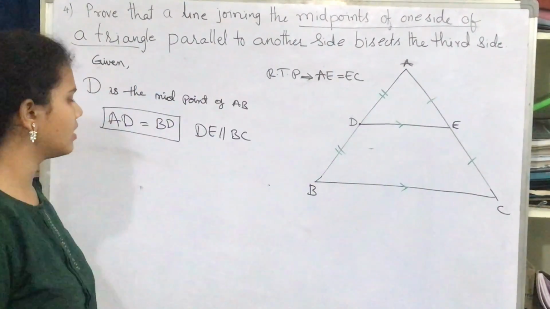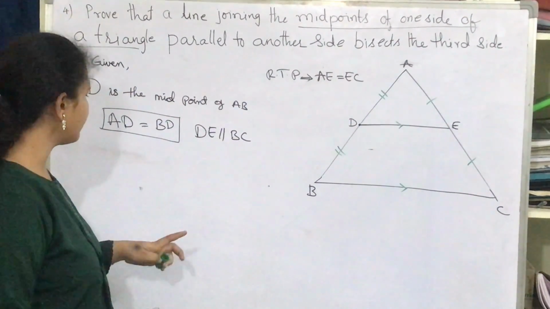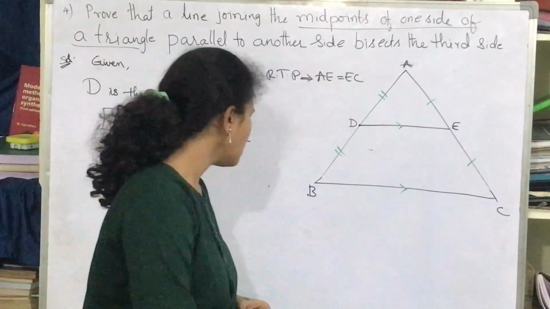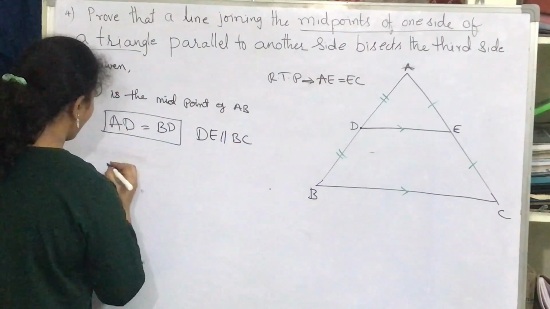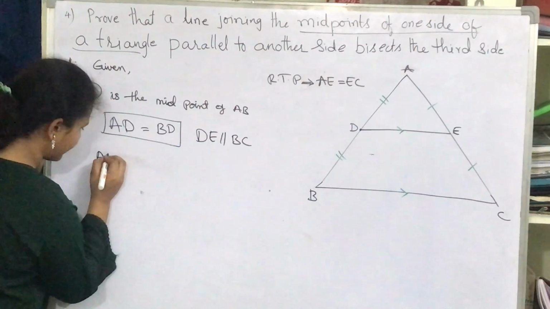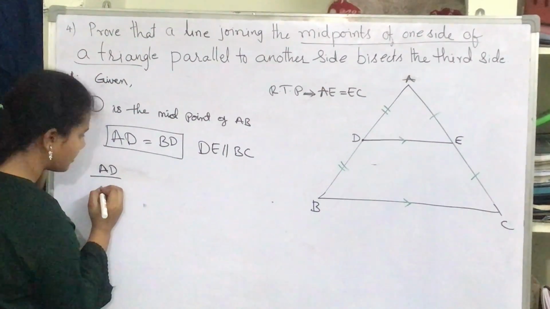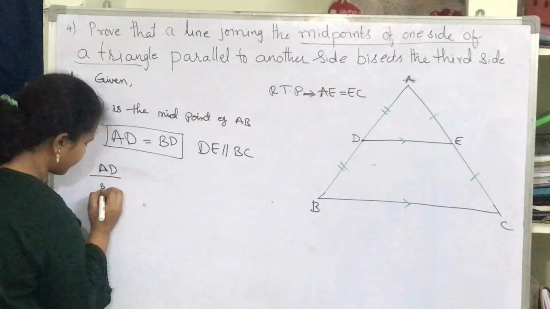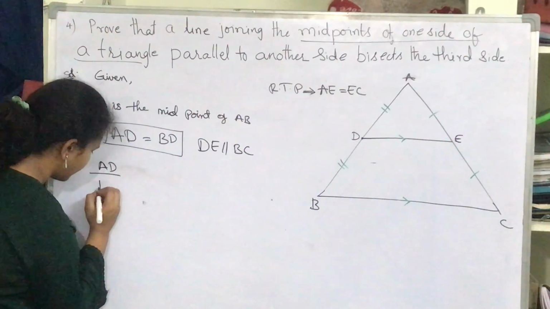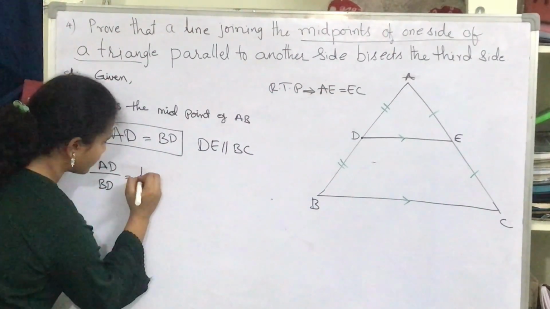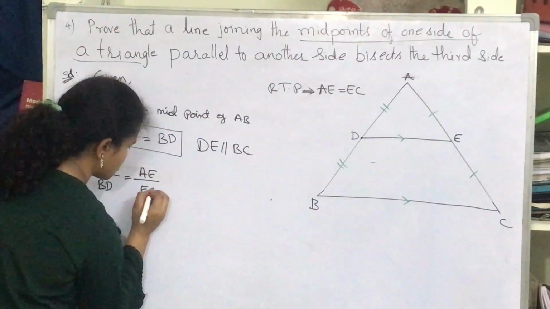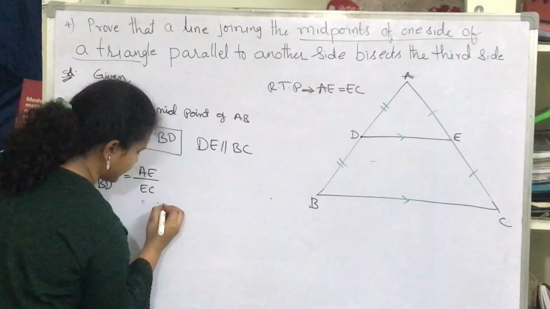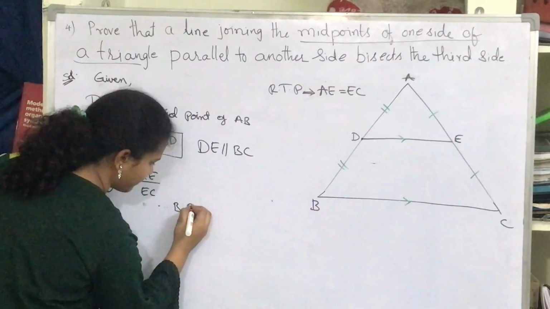If you look into this diagram, you can observe the basic proportionality theorem. So by this theorem, we can write AD by DB equals AE by EC, by BPT. AD by BD equals AE by EC. I have written this by using BPT.